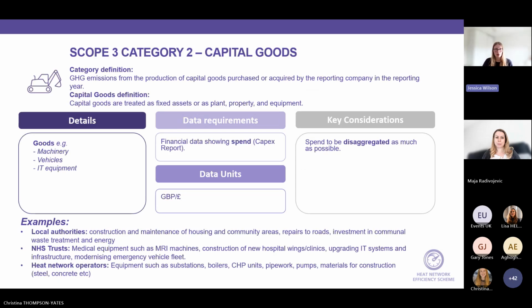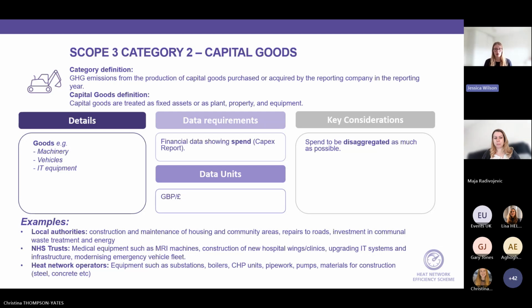So this is category 2. So this is capital goods. It is calculated similar to category 1, but these are the production of capital goods purchased by the company. Capital goods are treated as fixed assets or as plant, property, and equipment. So to be a bit more specific, this is things like machinery, vehicles, materials, or equipment, such as IT equipment, for example.